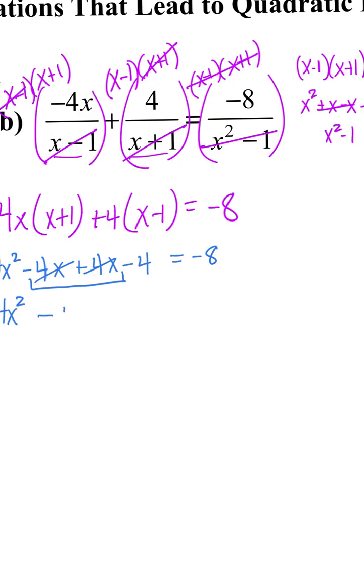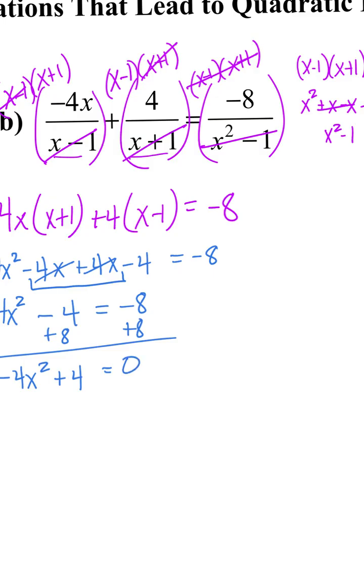And I've got negative 4 equals negative 8. Now I'm going to add this 8 to this side over here. So I've got negative 4x squared plus 4 equals 0. I'm going to factor out a negative 4 here. So it gives me x squared minus 1 equals 0.